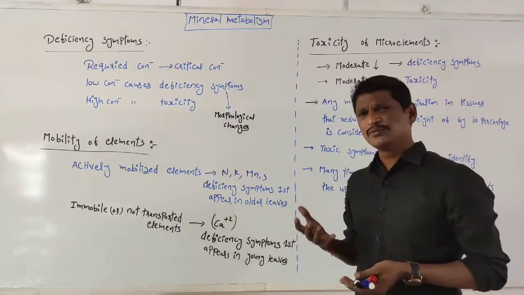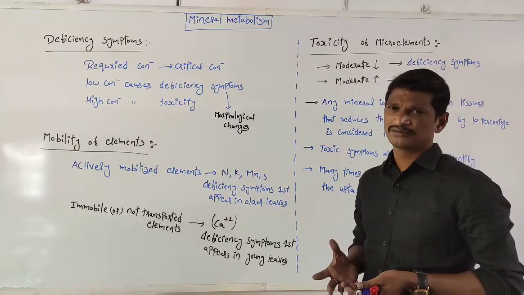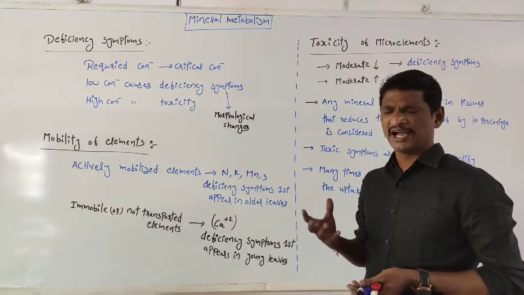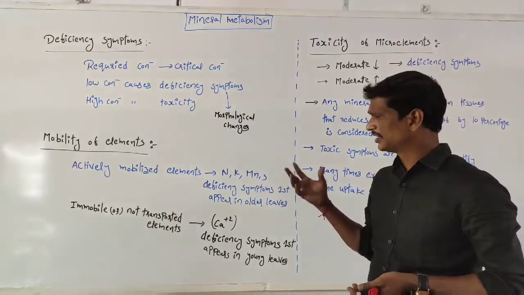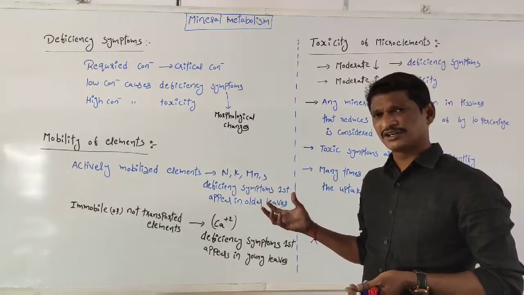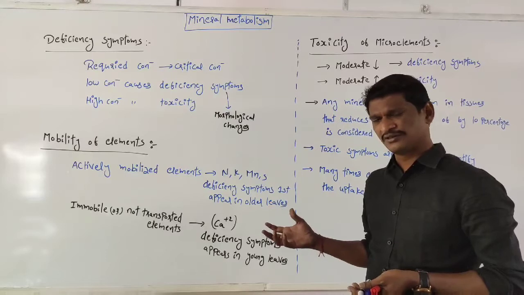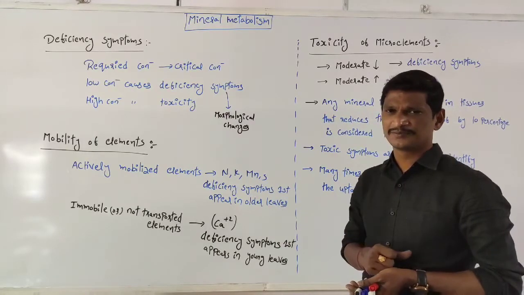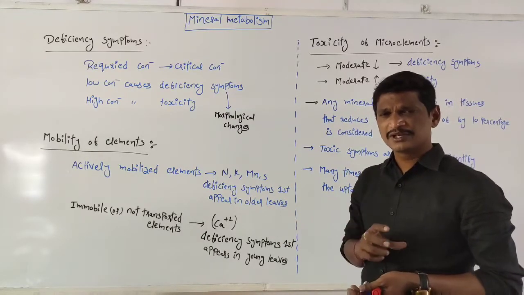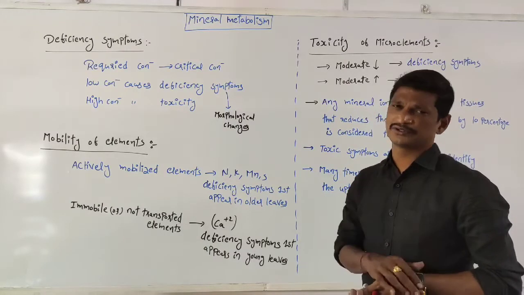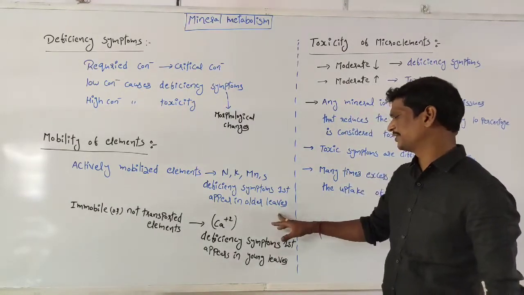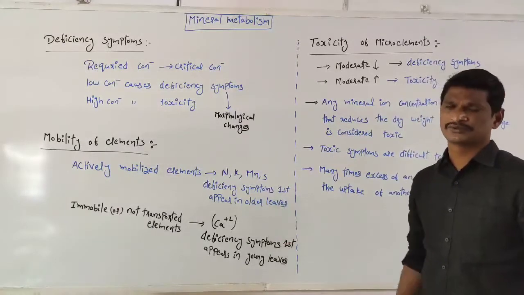If the actively mobilized elements are present in very low concentration in a plant, then the deficiency symptoms appear in which parts? The deficiency symptoms appear first in the older leaves.